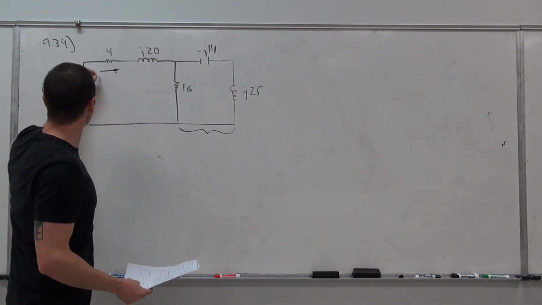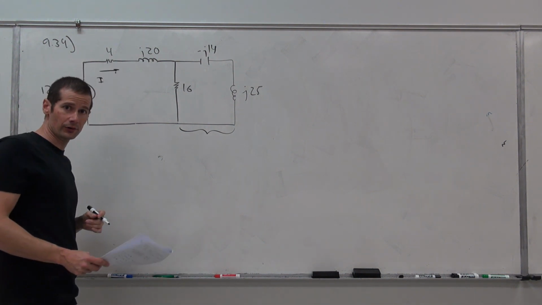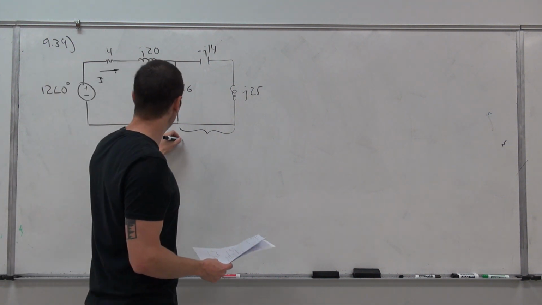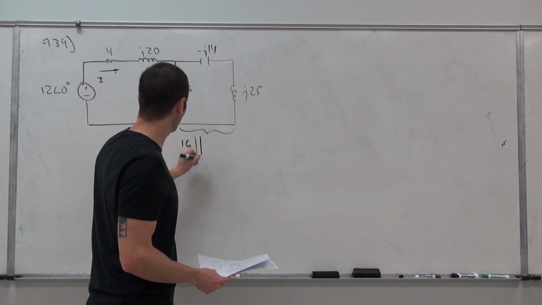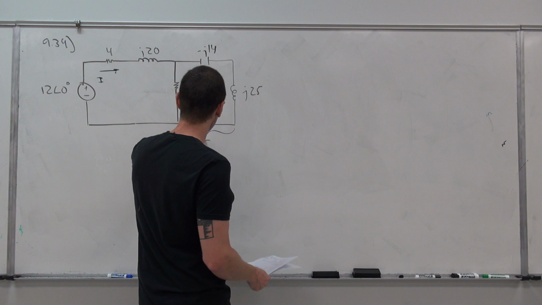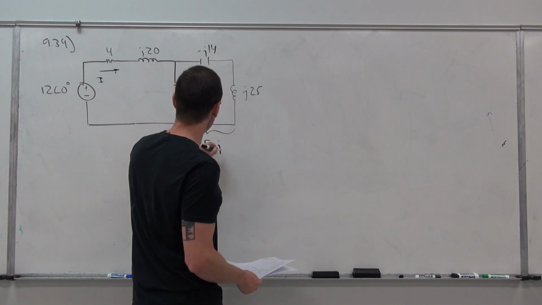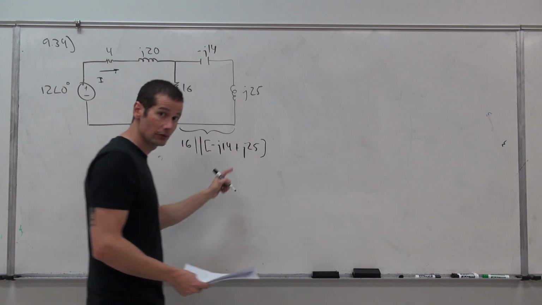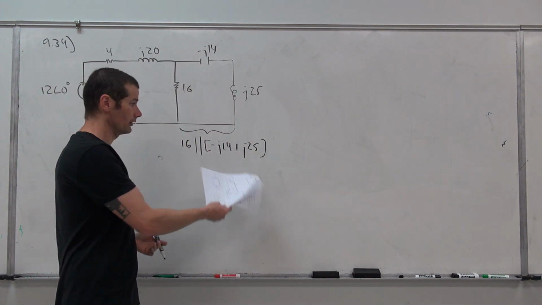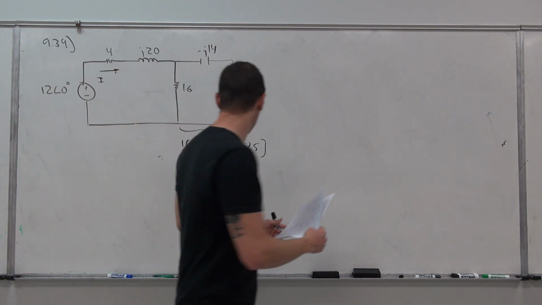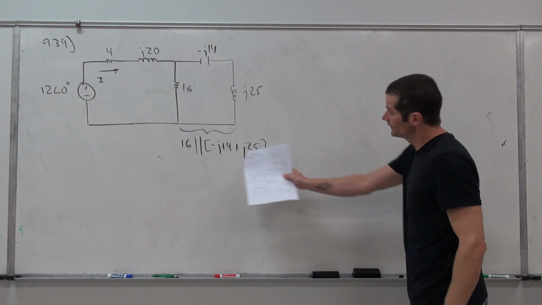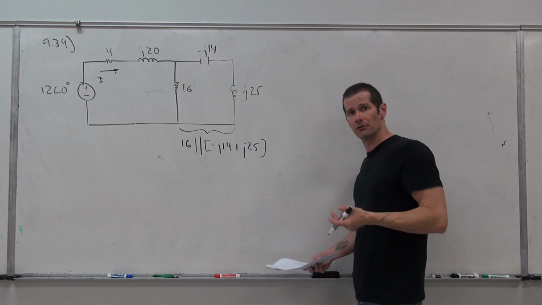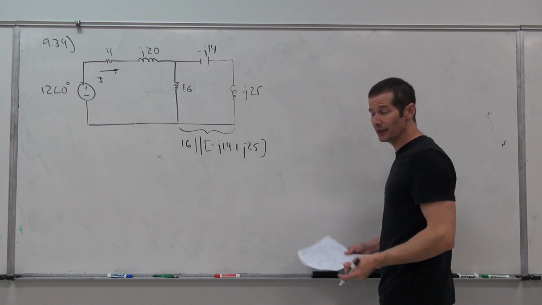Obviously, for this problem, we wanted to find the source current. So here we actually have 16, and that is in parallel with negative J14 plus J25. And so all we have to do is just punch this in on our calculator just as before. Negative J14 plus J25 comes out to obviously be J11.